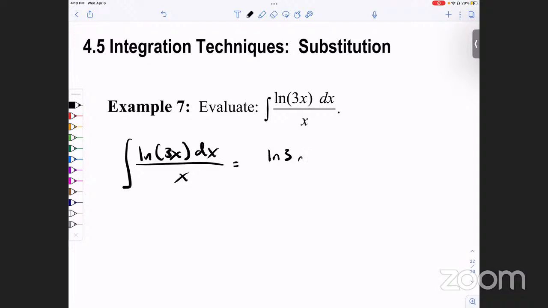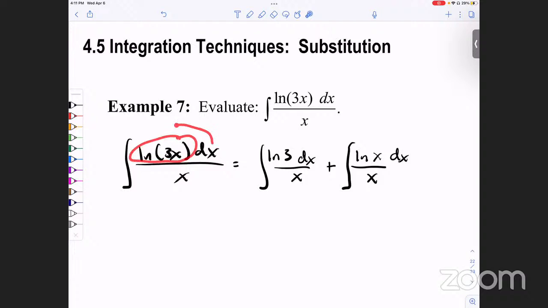It's going to be natural log of 3 dx over x after distributing plus the natural log of x dx over x. Two integrals that we're evaluating. Like this guy, I split it and then I distributed the dx and then I split the two apart, right?